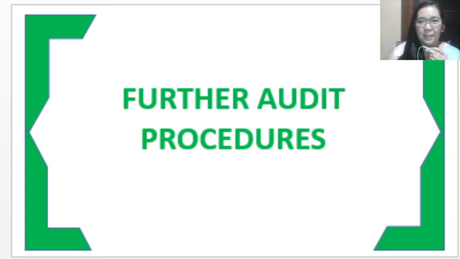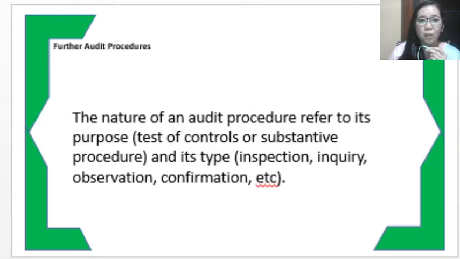Okay, so for this next video lecture, we will be discussing further audit procedures. The nature of an audit procedure refers to its purpose. It may be a test of controls or substantive procedures, and its type, which can be either through inspection, inquiry, observation, confirmation, and others.